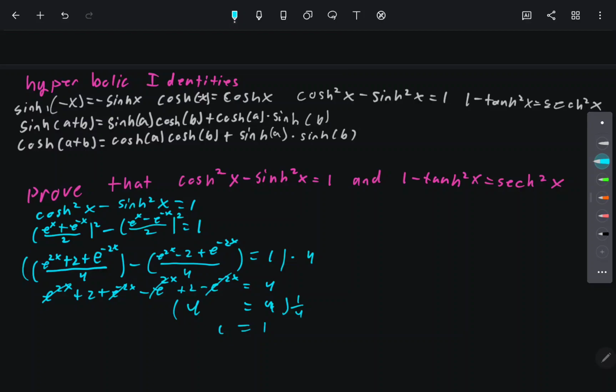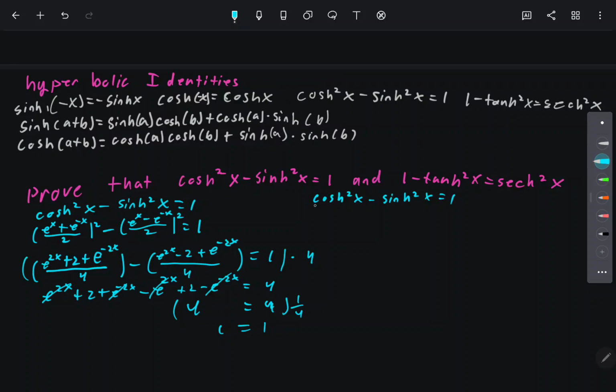Now what we can do is we can just take our original expression here, which is the hyperbolic cosine squared of x minus the hyperbolic sine squared of x is equal to 1.